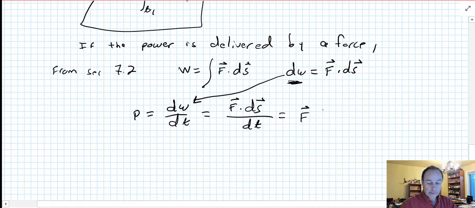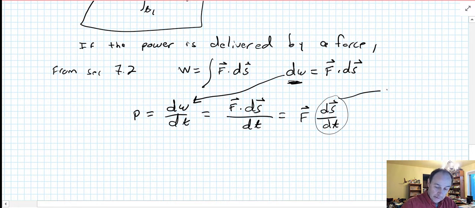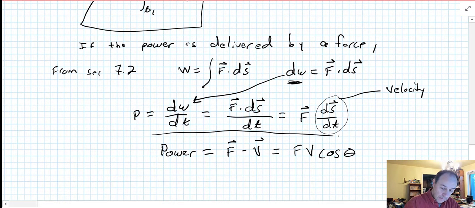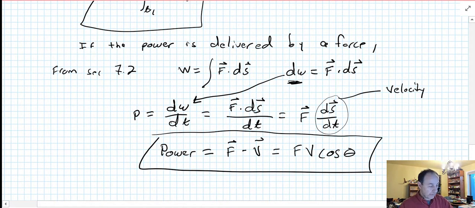Now we can separate that out into the force vector dotted with ds times ds over dt. Now, ds/dt is velocity, change in distance with time. So power is just force dotted with velocity, or the scalar form, force times velocity times cosine theta. Okay, so that's the expression for power delivered by a force.